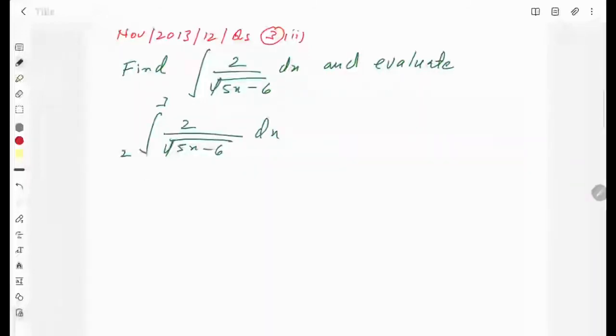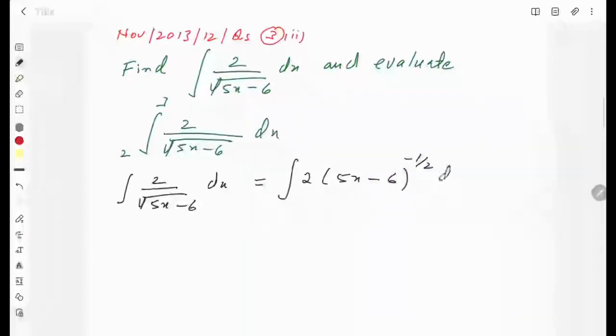First of all, you have to integrate 2 over square root of 5x minus 6. You can simplify it. You can write 5x minus 6 raised to the power minus half.